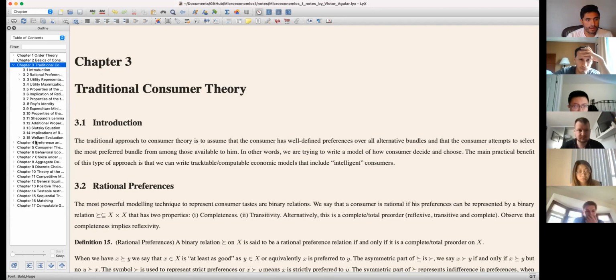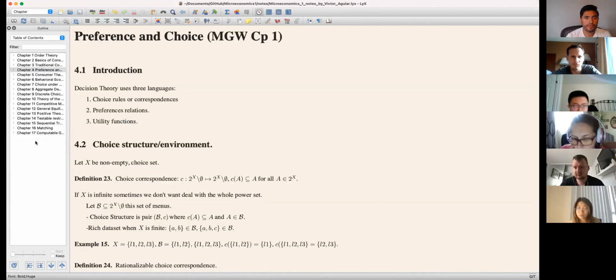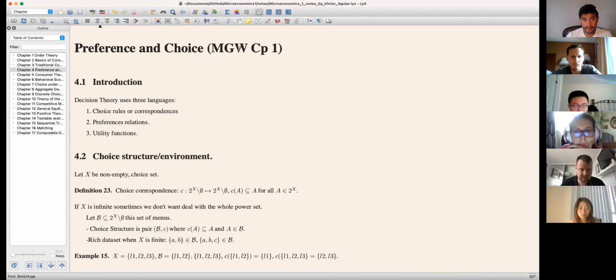Professor, sorry, your notes are based on the book, correct? The Microeconomic Theory? Partially. The main source of the class, as I mentioned, is the notes. The main resource. Some of them, when I indicate, like for instance chapter 4, are partially a summary of Mas-Colell, Whinston, and Green. Now, Mas-Colell, Whinston, and Green is a very old book.